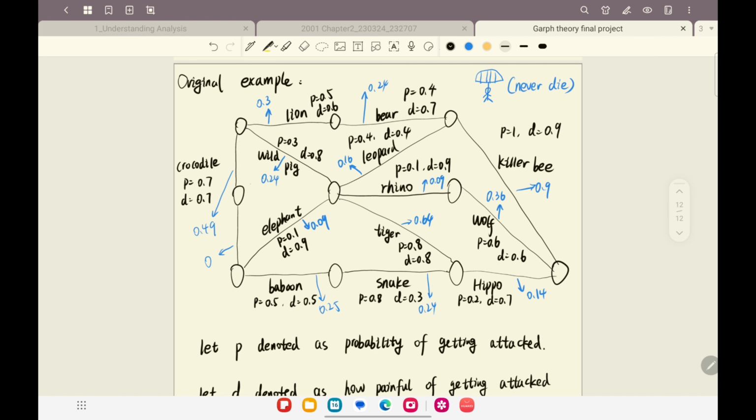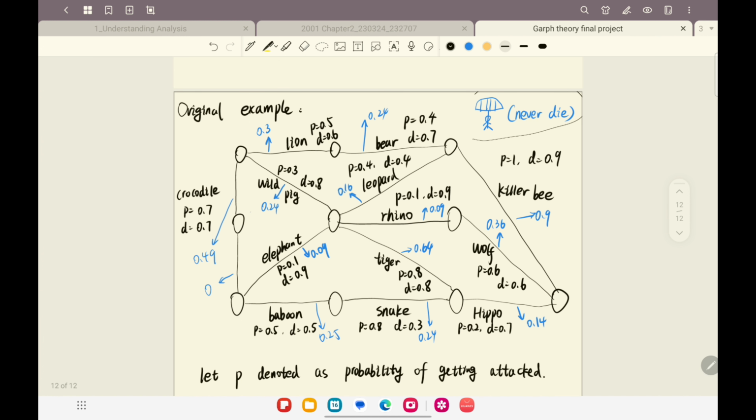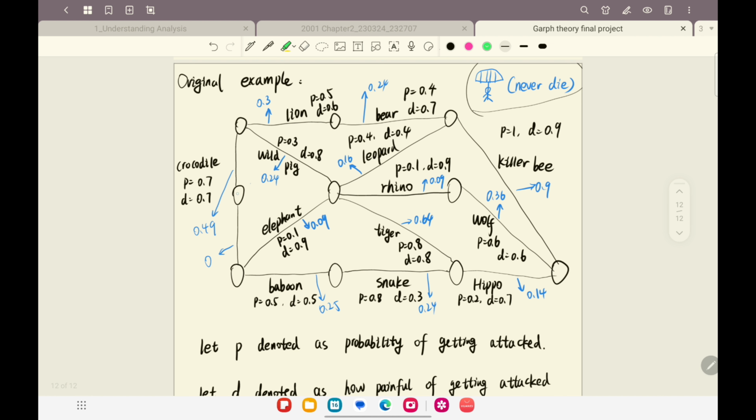Suppose there's a man who will never die, but he wants to do some crazy challenge. He wants to connect all the dots, and he wants to suffer the least damage from animals.